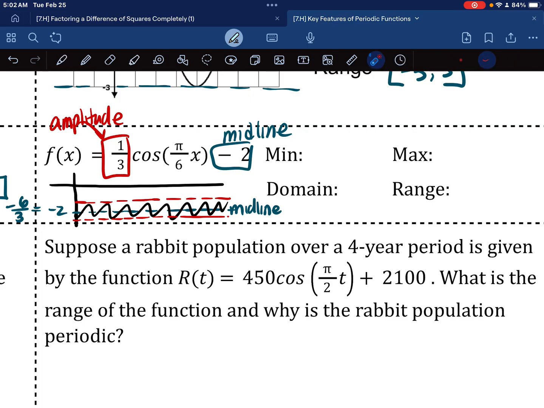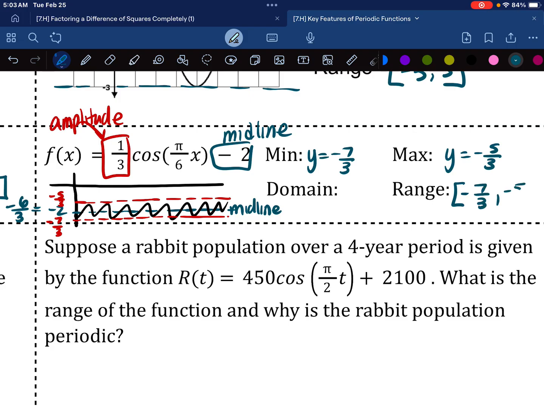Okay, so if I go up by 1/3 from -6/3, that'll put me at -5/3. And if I go down by 1/3, that would put me at -7/3. So my minimum is -7/3. My maximum is -5/3. So our range is -7/3 to -5/3.